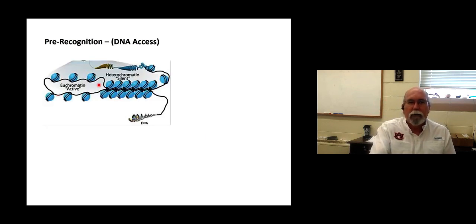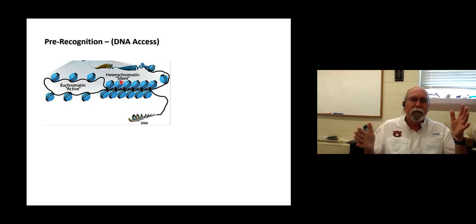So part of the pre-recognition process, or the recognition process itself, is somehow you've got to get into an active phase. Remember that once again, euchromatin and heterochromatin are a continuum, right? With heterochromatin being where it's fairly tightly packed up, euchromatin being where it's more loose and available.